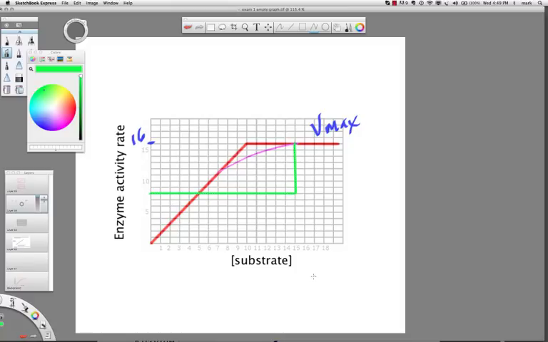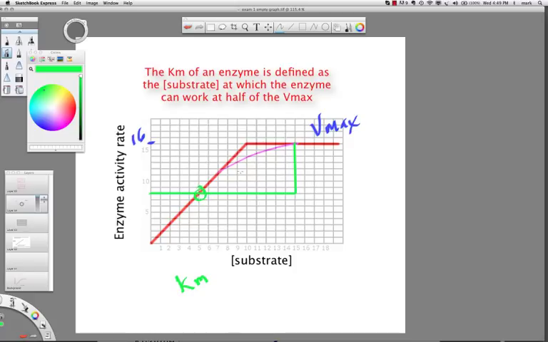So Michaelis says that the intersection between the rate at which the enzyme is at half value and the substrate concentration that allows for that half maximal velocity should be known as the Km for the enzyme, the Michaelis constant for the enzyme.